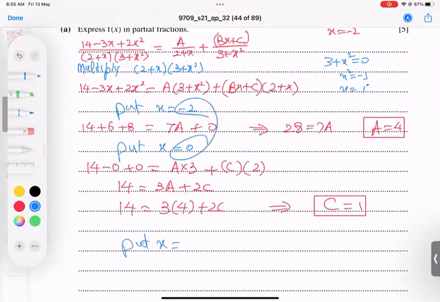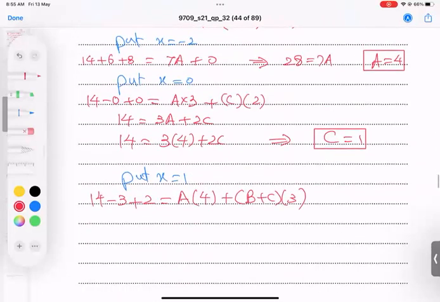So not these two numbers. I can plug in 1 even. Very easy. When I plug in 1 in the whole equation, left-hand side: 14, negative 3, plus 2. When I plug in here, 1 squared is 1, plus we got A times 3 plus 1 becomes 4 in the bracket. When I plug in here, B times 1 is B, plus C. And when I plug in here, we got 3.